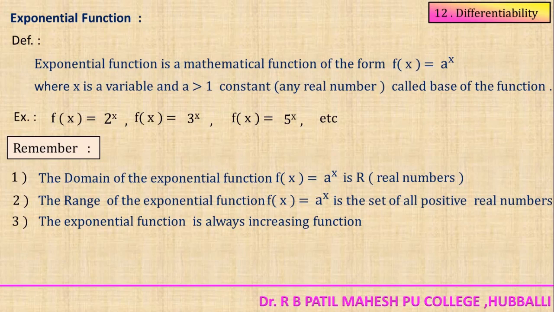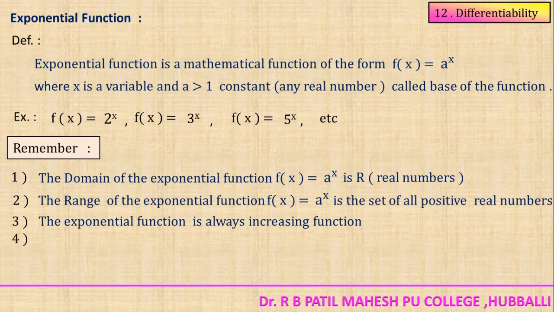It may be any function like 2 raised to x, 3 raised to x, 5 raised to x, any base. Therefore, we say that the exponential function is always an increasing function.